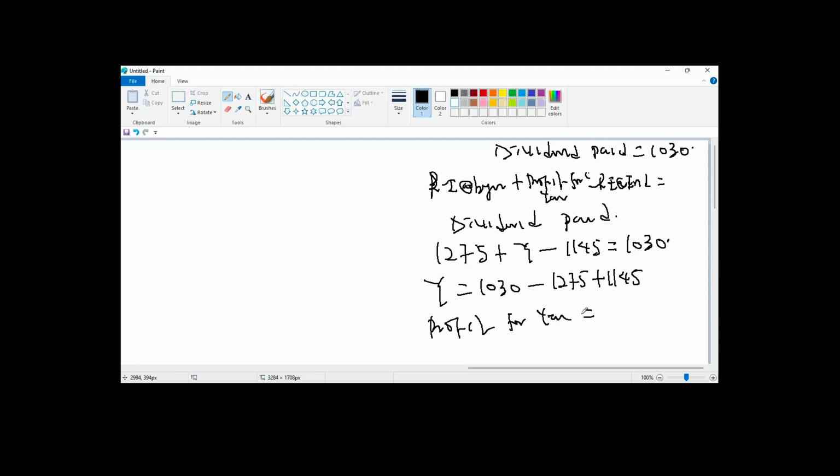What is the profit for the year? We sum it up. Can somebody give me a figure?